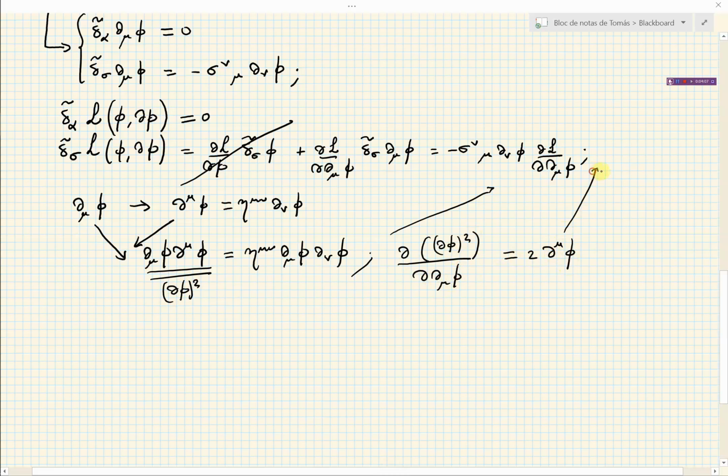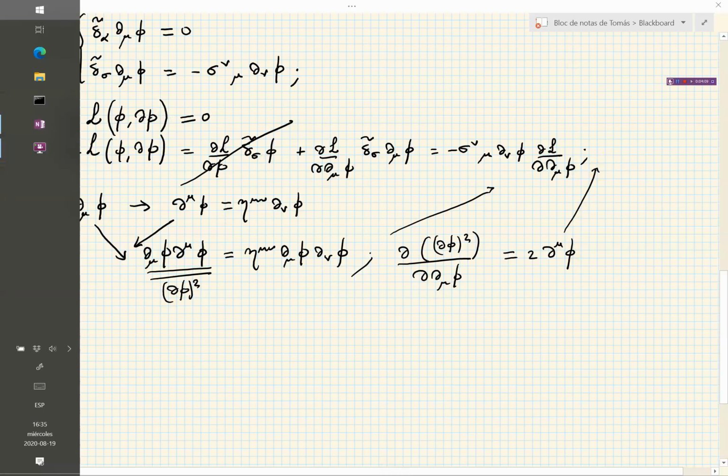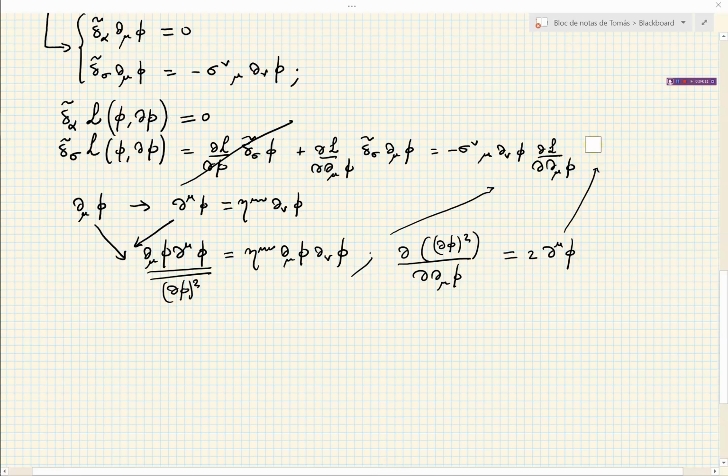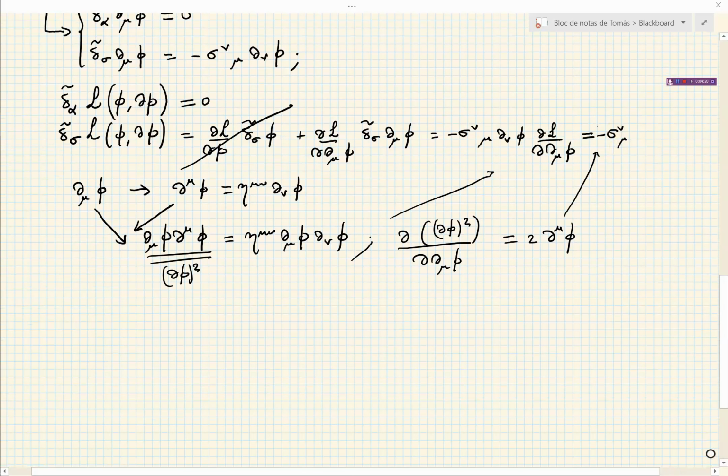Now you go up here and you find that this would be, for this peculiar case, well, not peculiar, particular, sigma mu nu, a factor of 2, and then partial mu phi partial nu phi.